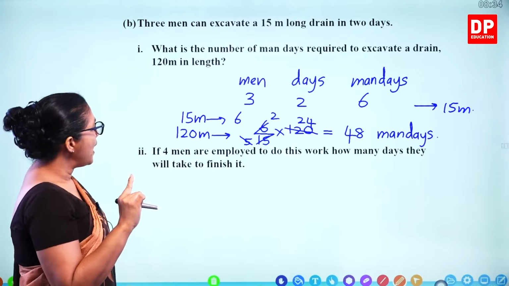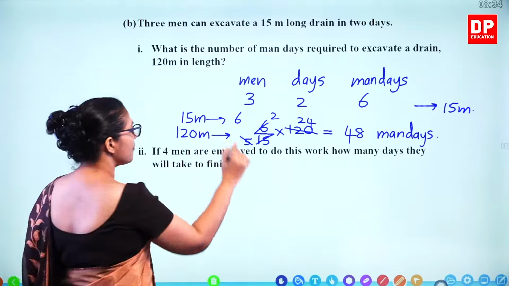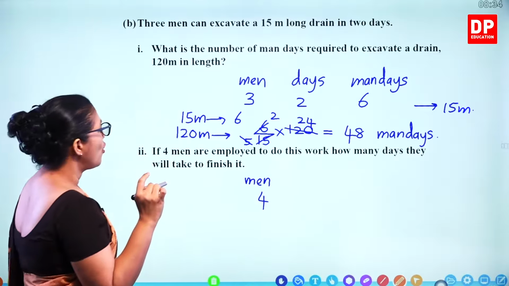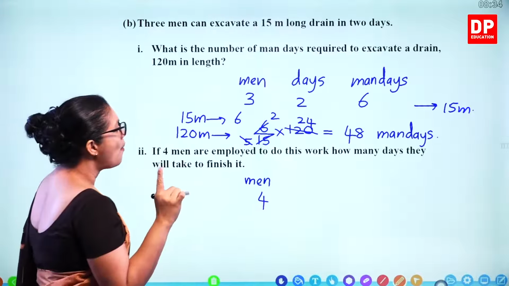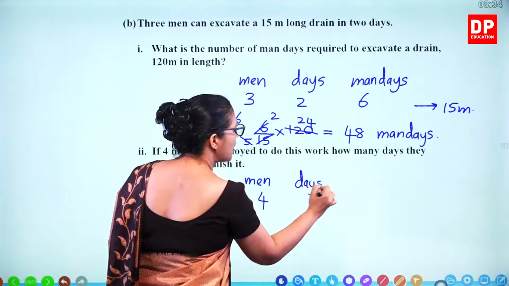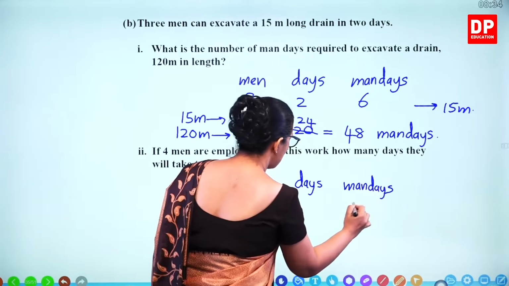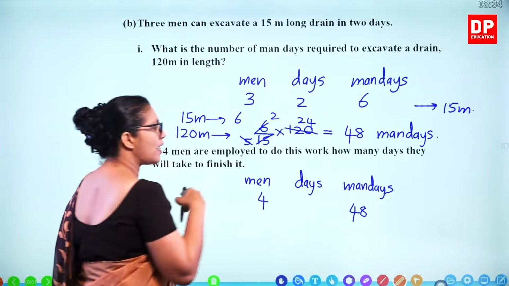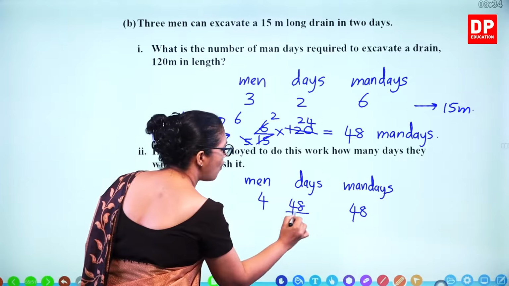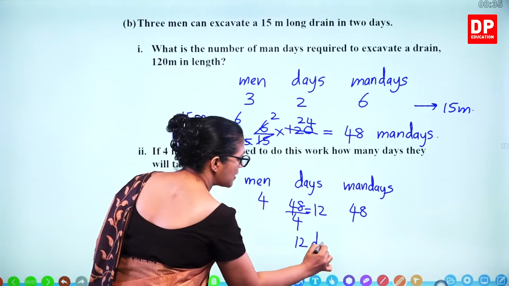If 4 men are employed to do this work, how many days will they take to finish it? We know the total number of man days is 48 from the previous part. So 48 divided by 4. That's 12 days.